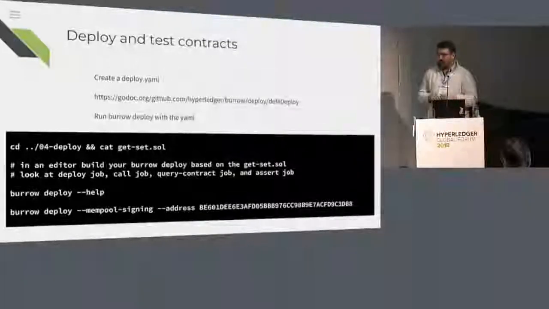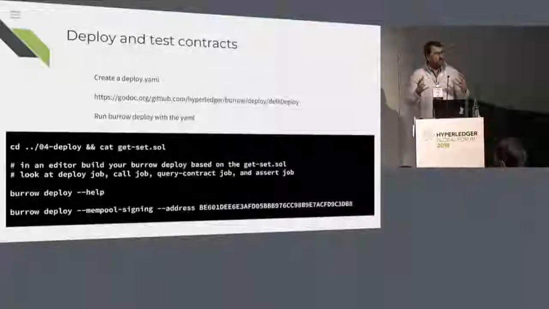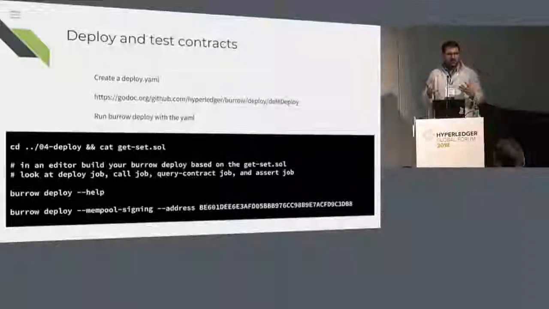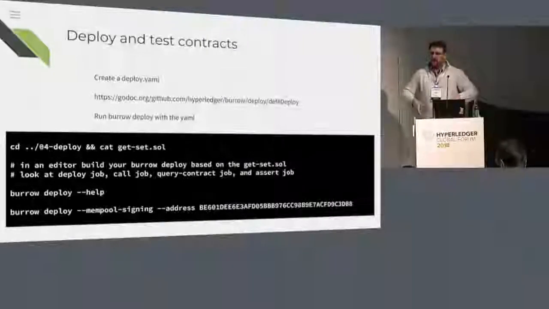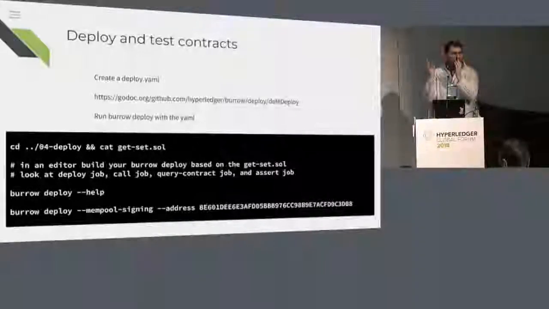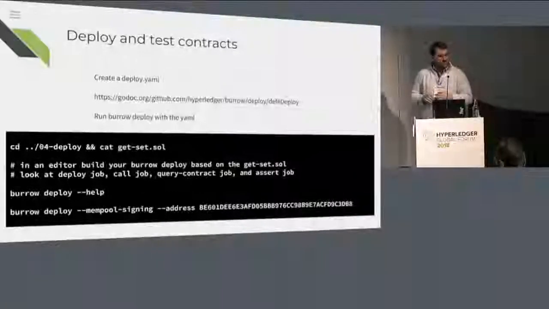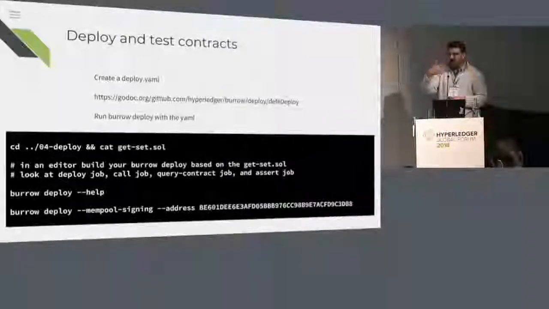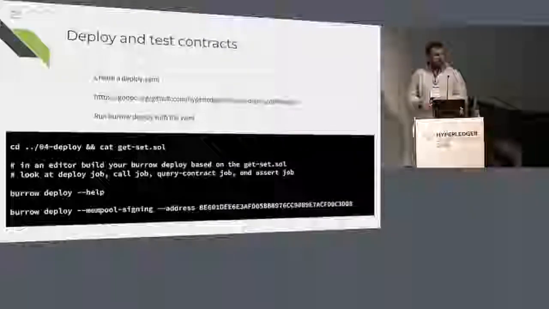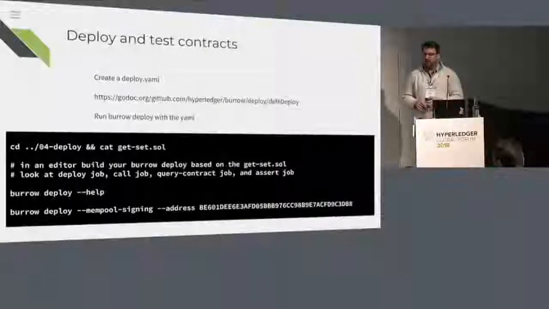In the sequence that we're going to go through here, the Burrow deploy system will pre-package the transactions, and it will send to Burrow and say sign with this particular key, the BE60 key in this case, and then send into the mempool for processing by the validators.